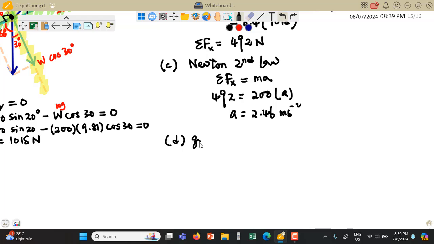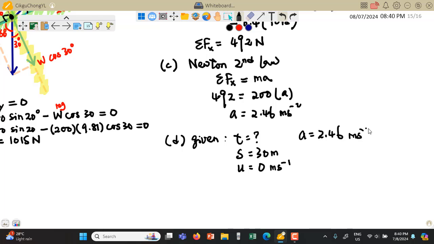Initially it is at rest, so the velocity is 0, and we have the acceleration of the block calculated from question C, 2.46 meters per second squared.